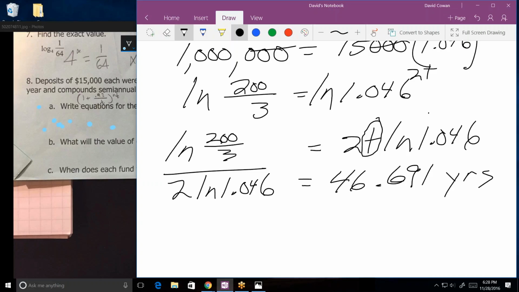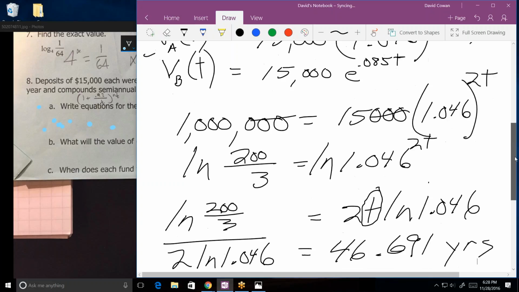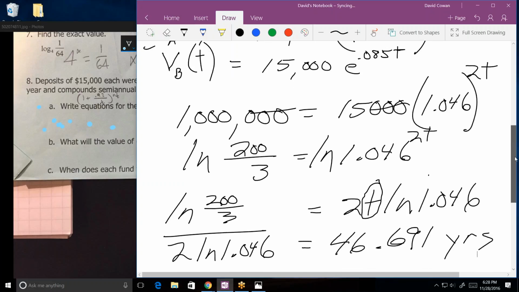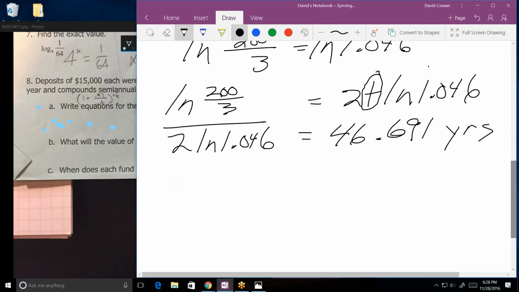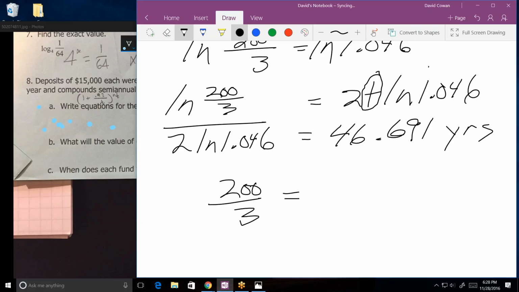Okay, and now if we take our other equation and again divide both sides by 15,000. So on the left I'm going to have 200 divided by 3 equals e to the 0.085t.